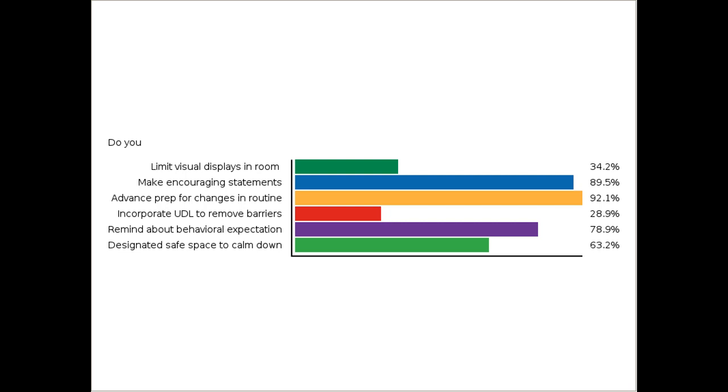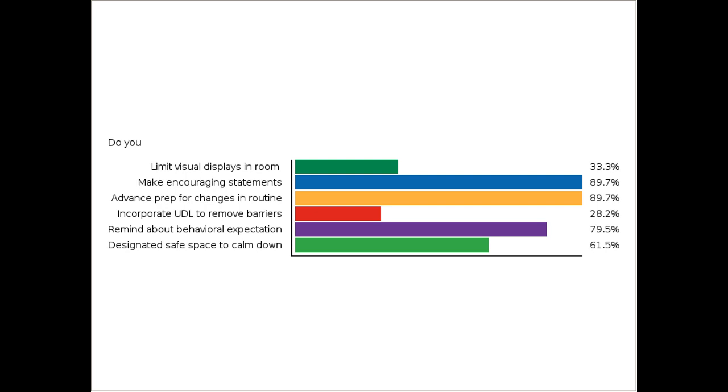The other thing that will also help is using universal design for learning to facilitate more active participation. That way the student will feel positive, the student will feel included, and the student will not need to seek attention in negative ways. Thank you.